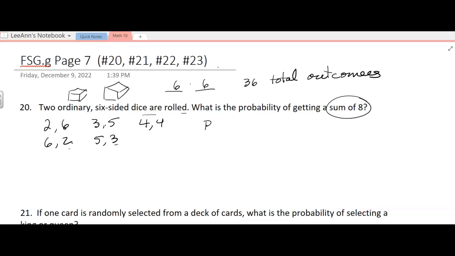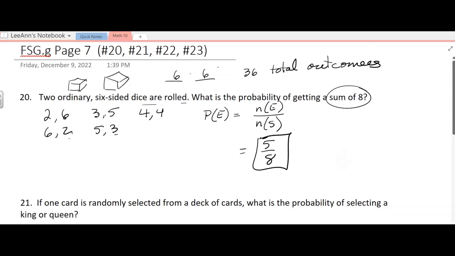So the probability of an event is the number of ways you can get the event divided by the number of results. Like, how many different combinations are there? Okay. So in this case, it's going to be 5 out of 36. So probably a longer answer than you wanted. Okay. And you can look that up in the book or watch the other videos that might explain it better for you.